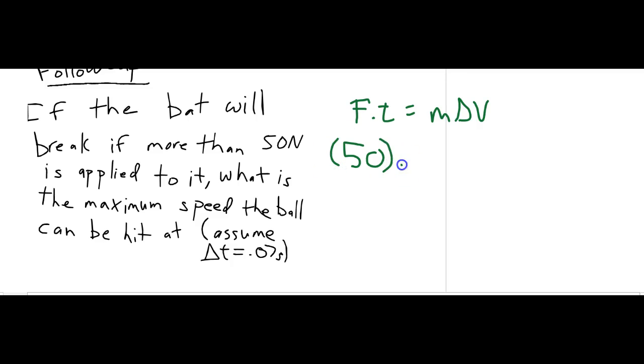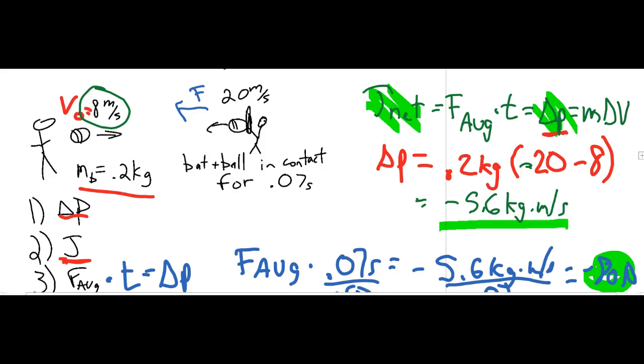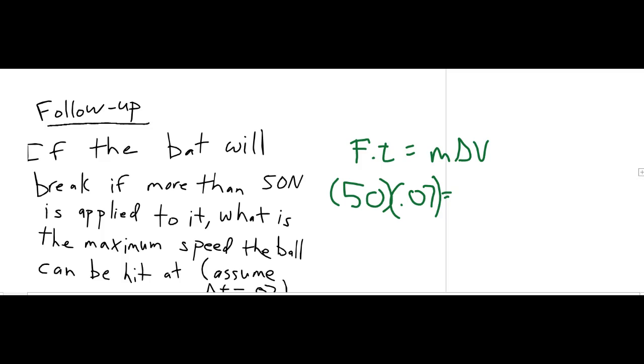My time is still 0.07 seconds equals the mass. What do we say the mass was in this last problem? 0.2. So that's 0.2 kilograms, that's our right unit, and then times my final velocity minus the initial velocity, and we said that was 8.